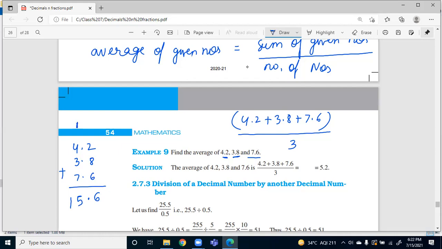So when we add, it will be 15.6 divided by 3. So now I can divide it by 3 like ordinary division. If there is no decimal, I can assume it like the same. So 3 5s is 15. 15 minus 15 is how much? 0. Now I will be writing decimal. 5.2 is the answer. So 3 2s are 6. So 5.2 is the final answer.